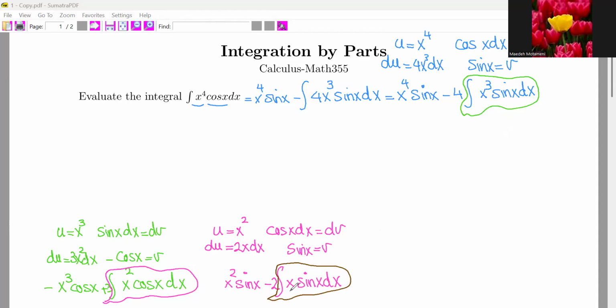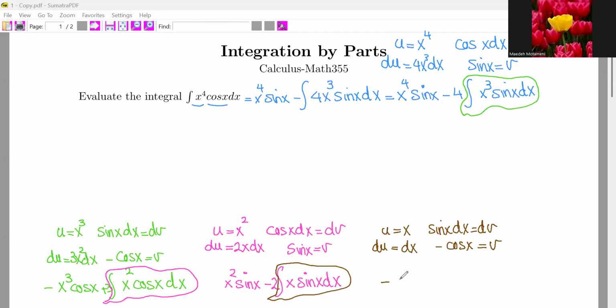So again, we have x as the algebraic part, and we have sine of x dx as dv. Taking the derivative here, we're left with du equals dx, and taking the integral, we're left with negative cosine of x equals v.